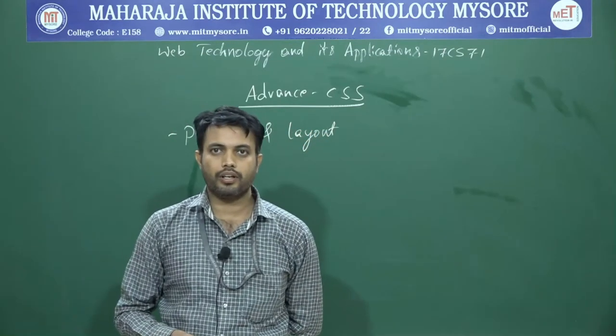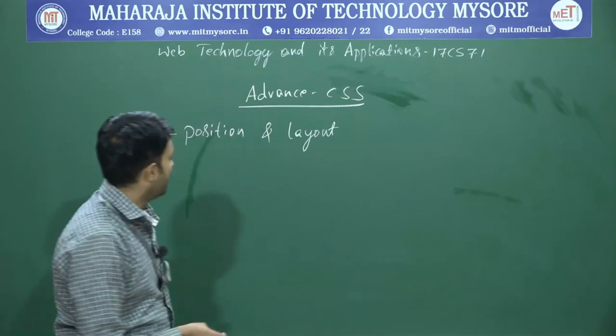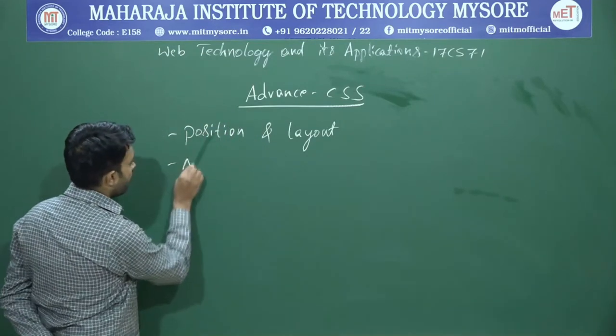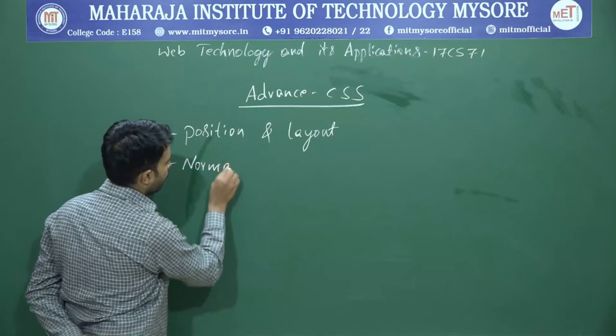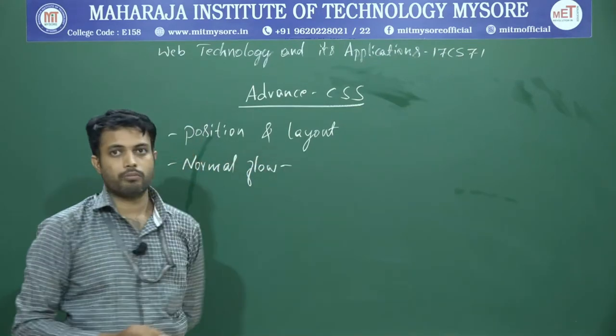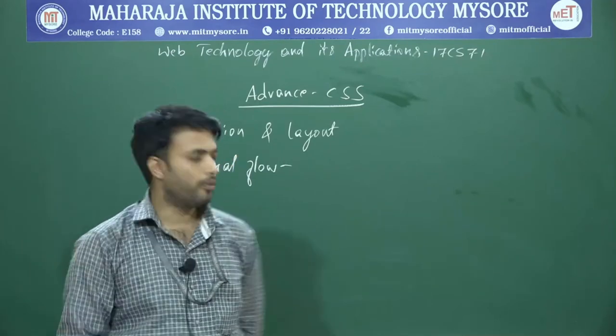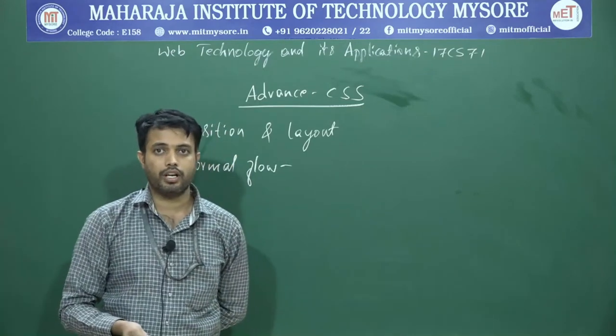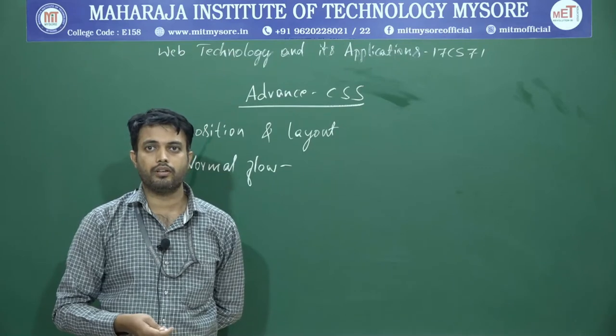The actual position and layout of CSS elements is what we call the normal flow. What do you mean by normal flow? It is nothing but how the elements you define are displayed on a web page.